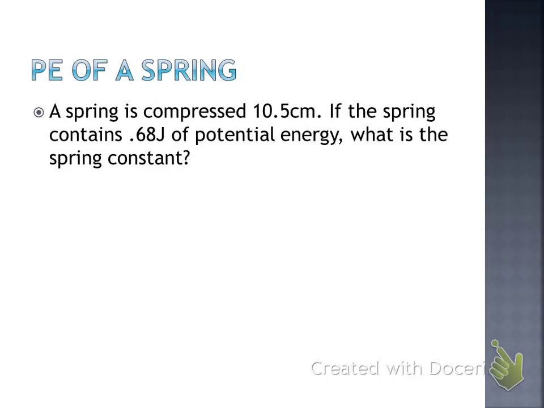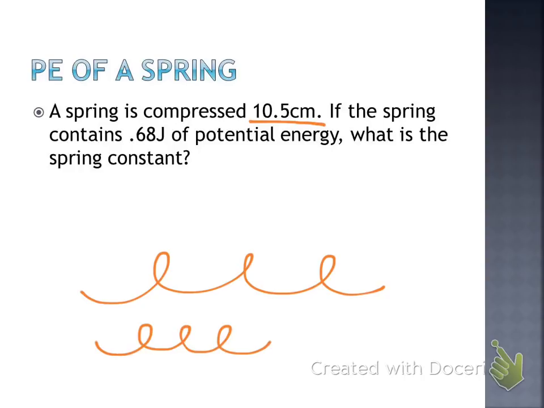A spring is compressed 10.5 centimeters. If the spring contains 0.86 joules of potential energy, what is the spring constant? When we deal with displacements, you would think of the spring in its static position, and when I compress it, my x would really be a negative value because I'm pushing it to the left.